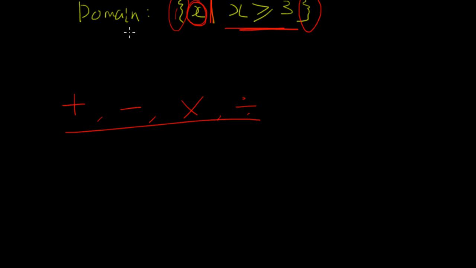These are usually pretty easy. If you have two functions, you can just add them, subtract them, multiply them, or put them in a fraction quotient form. So these are pretty straightforward.